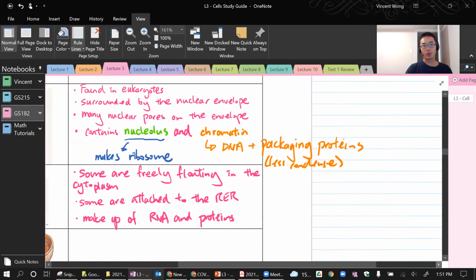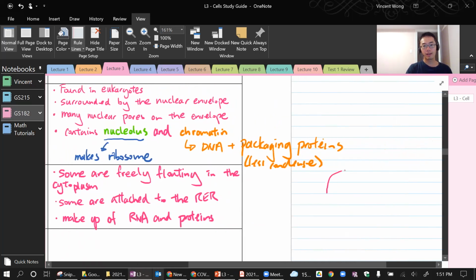If I zoom in a lot, then the ribosome looks like a hamburger. There is a large subunit, and then there is a small subunit.